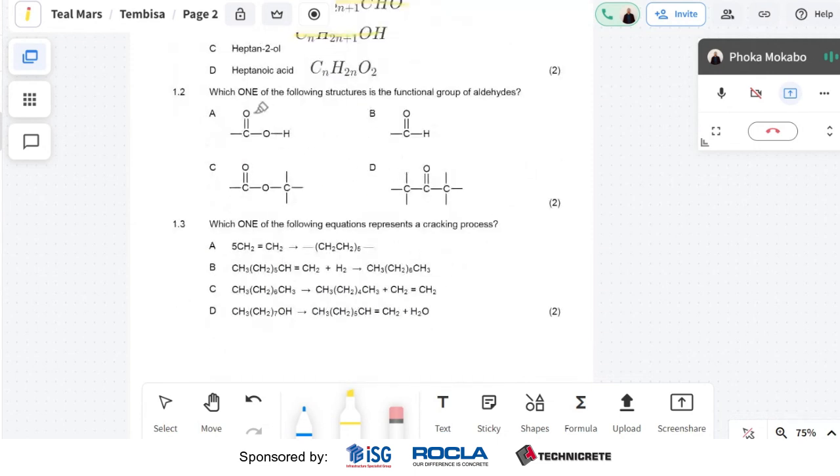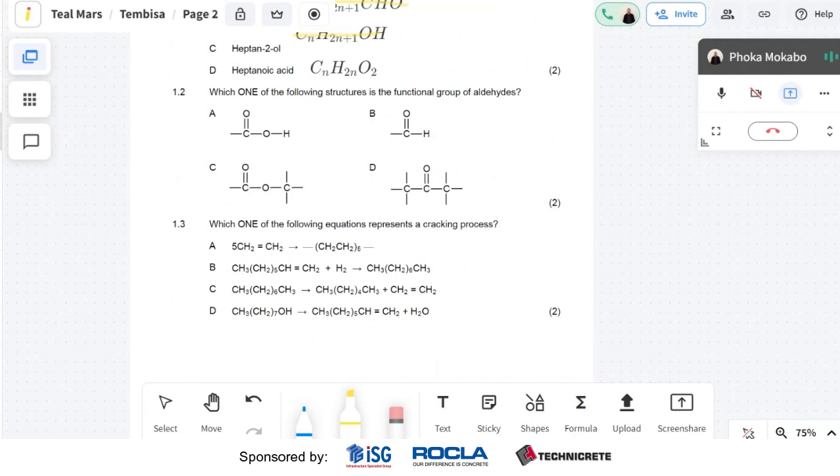Now, 1.2. Which one of the following structures is the functional group of an aldehyde? Now, the important thing about an aldehyde, and really what separates it from the other singular oxygen groups such as alcohols and ketones, is the fact that the aldehyde will have its functional group CHO all the way at the beginning of the parent chain, right?